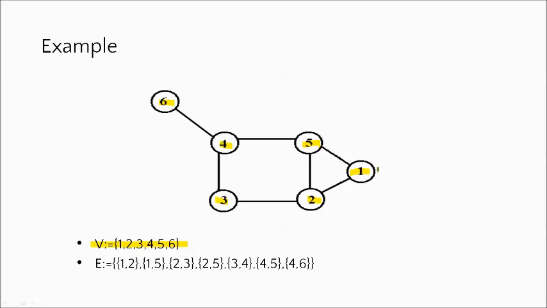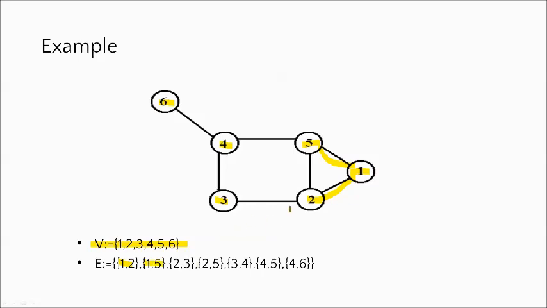Let's start with vertex 1. We have the first edge here, 1 and 2. Next, we also have an edge connecting 1 to 5, so we have edge 1, 5.